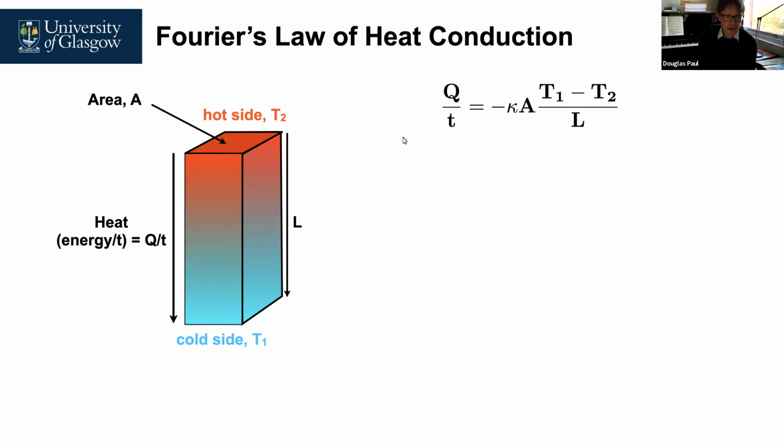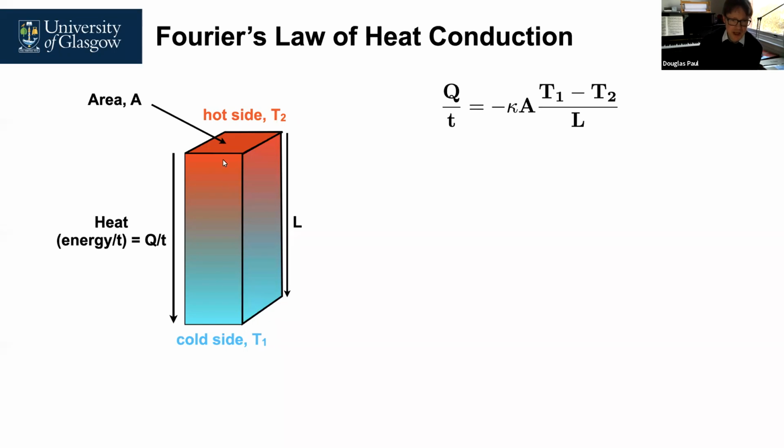And there's a historical aspect here that relates to Kelvin and one of Kelvin's papers from the 1840s. Now, this is before the second law of thermodynamics. Fourier came up with this law, and at the time, nobody understood in which direction heat moved. But to be consistent, we put a negative sign in here, and we have the cold side T1 minus the hot side T2.